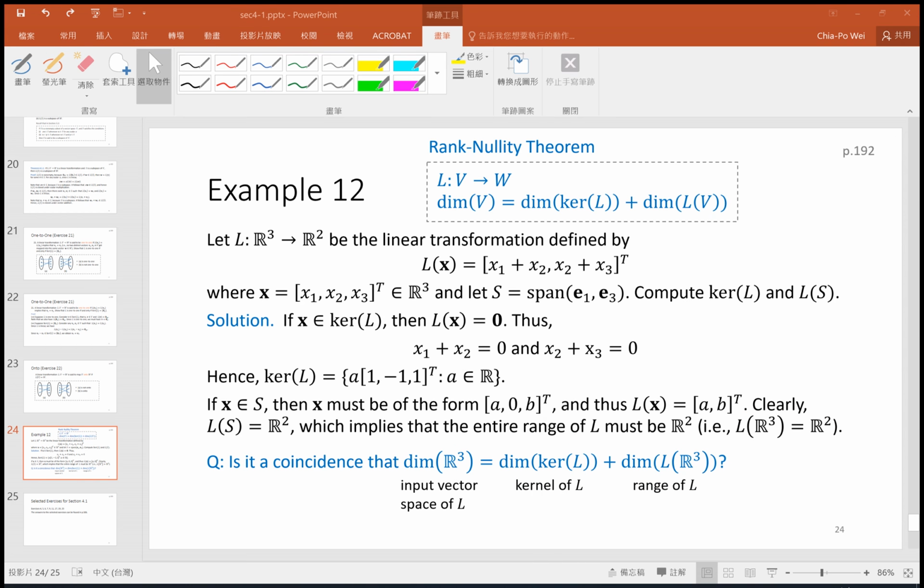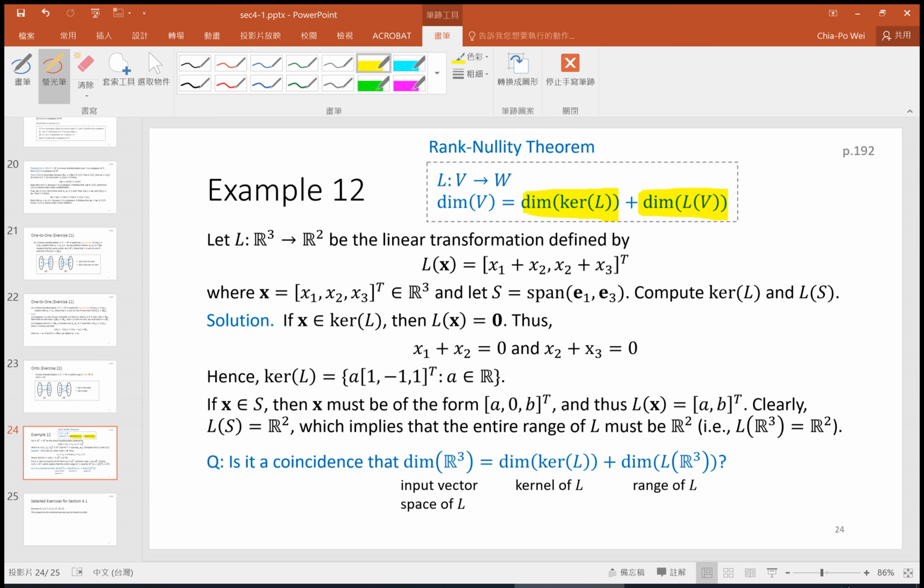Let L be a linear transformation from V to W. The Rank-Nullity Theorem states that the dimension of V equals the dimension of the kernel of L plus the dimension of L of V. L of V is the range of L. Note that the dimension of the kernel of L is the nullity, and the dimension of the range of L is the rank.